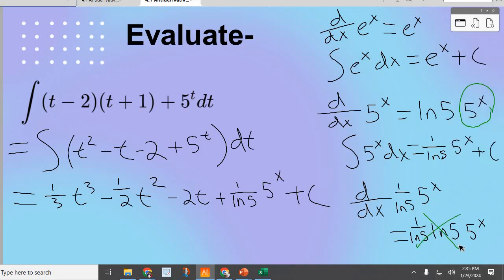Because I just want to end up with a 5 to the t. I don't want to have an extra natural log of 5 there. So in order to account for there being that there, we had to divide by it, so that if I were to take the derivative, we would undo each other. Does that make more sense? Yep. Okay.